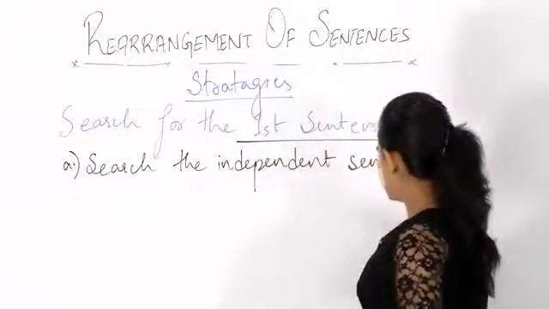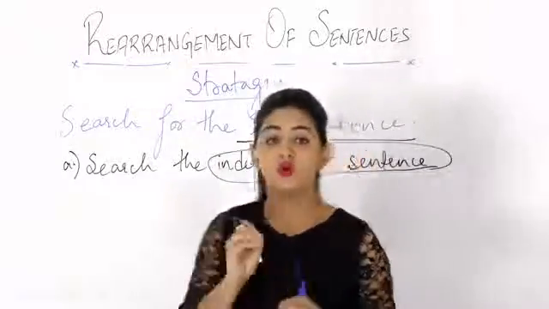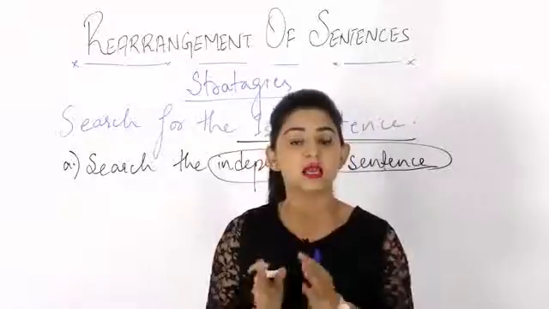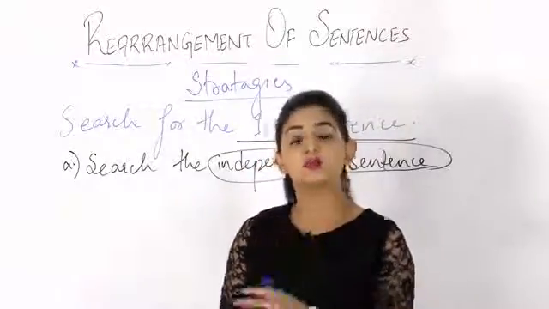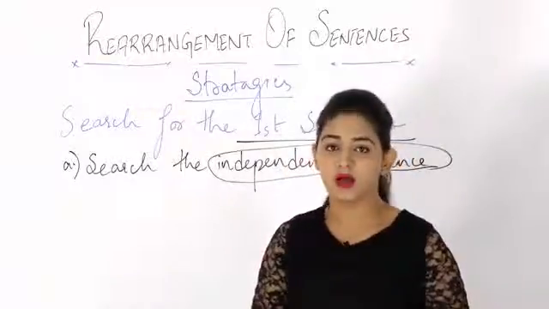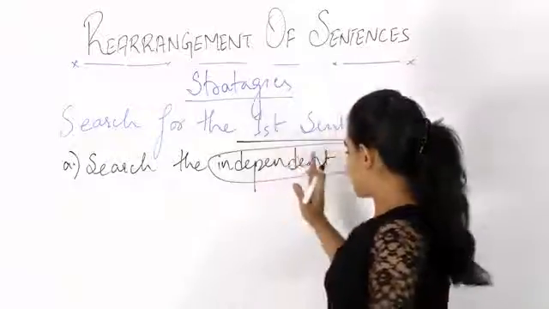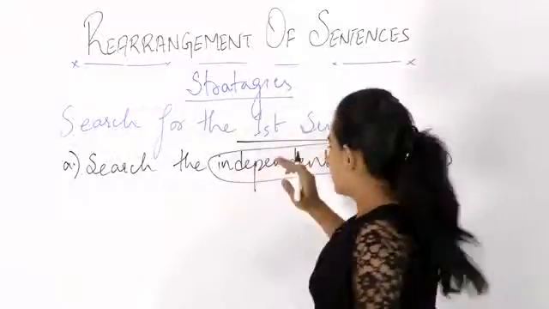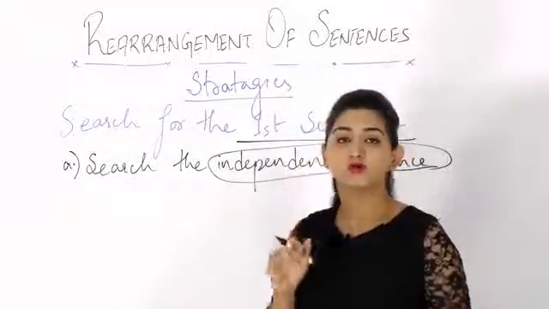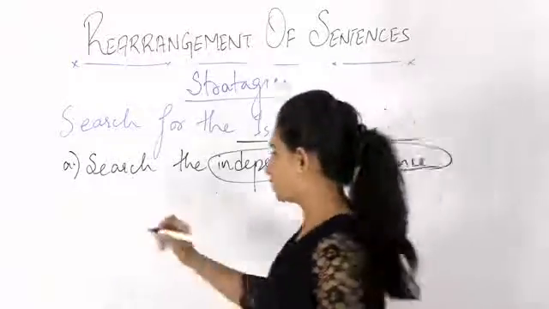What does independent sentence mean? It means that it should convey its meaning on its own. It should not be dependent on any other sentence. Like if there is a pronoun mentioned in the first sentence, it will never be an independent sentence. Why? Because a pronoun is used in place of a noun. So you should note that an independent sentence never starts with a pronoun, or this, that, these, which are also kinds of pronouns only.